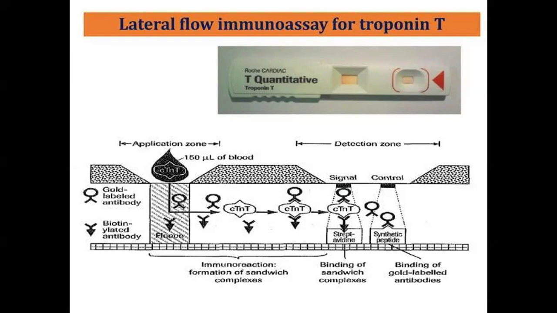And if you look at the biological molecule they are using, this is for the component called troponin T. This is an immunological assay just to check whether you have the presence of troponin T, which is a component in the blood. So when you put the blood here, there will be an immunological reaction, maybe like an enzyme and substrate reaction.